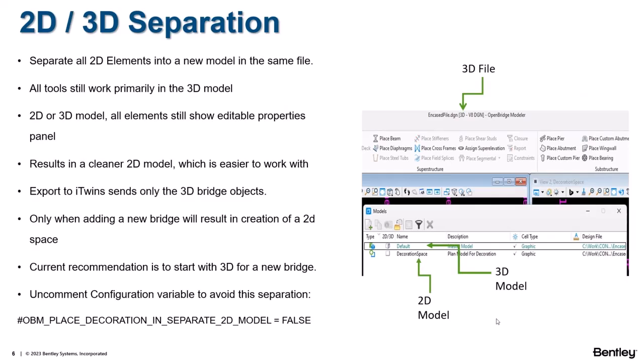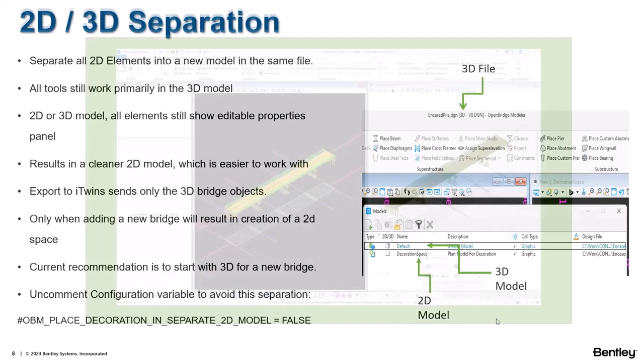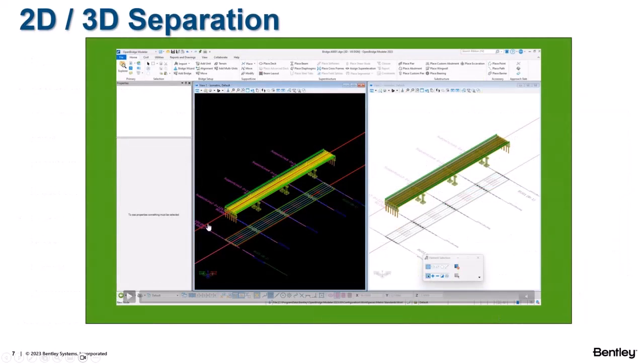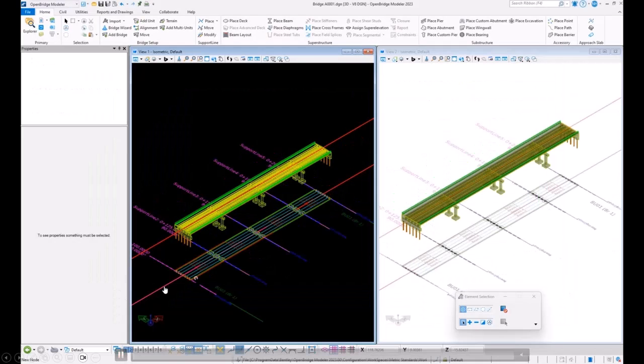Now there is an option that you can activate on the workspace, in which, as you place the bridge itself, we will automatically place all these elevation 0 elements in what truly belongs on a 2D model.